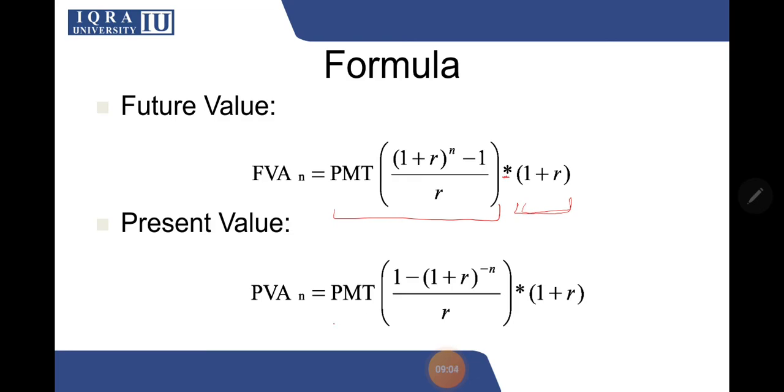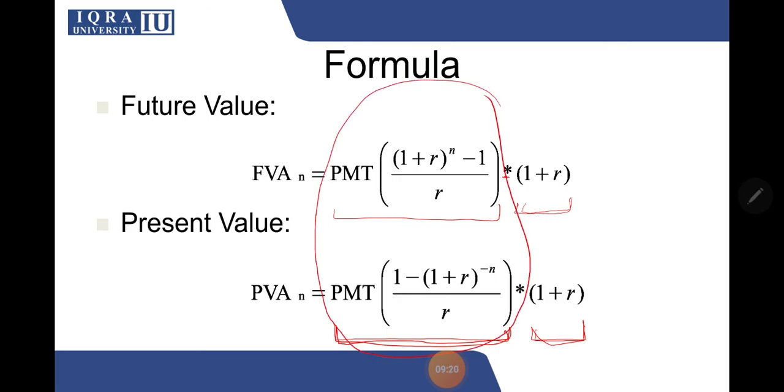Similarly, the present value formula over here is your ordinary annuity formula, and this 1 plus r multiplication makes it your annuity due formula. So till here, your ordinary annuity and annuity due formulas are the same. The only difference is that these are being multiplied by 1 plus r.